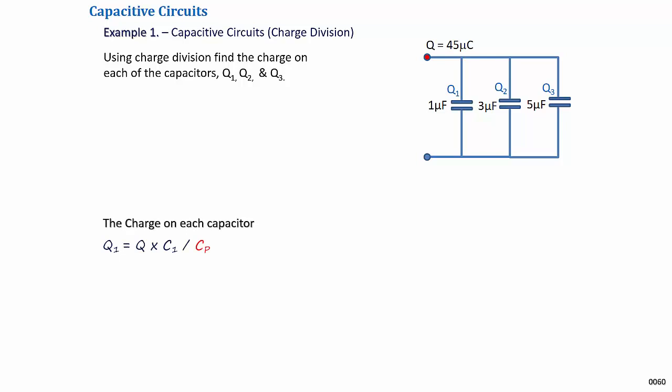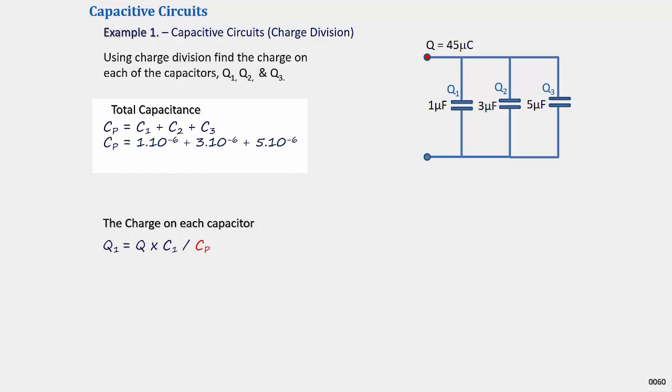The formula to calculate Q1, the charge on capacitor C1, is the total circuit charge Q times the branch capacitor C1 divided by the total circuit capacitance Cp. We know the value of Q and C1, but we need to calculate the value of Cp. So, Cp equals C1 plus C2 plus C3.